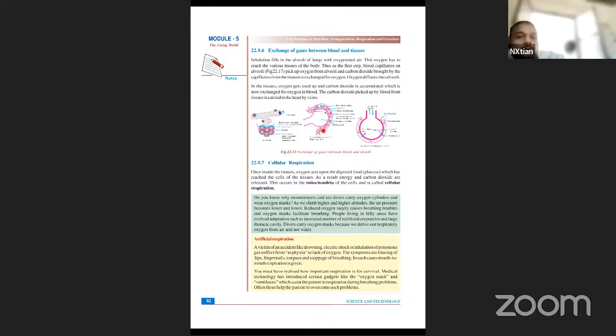Yeah, good observation. You saw very correctly. So it's pulmonary vein. Why pulmonary vein? It's carrying the deoxygenated blood from the heart to the lungs. So pulmonary, not vein, it's pulmonary artery. Sorry. Pulmonary artery, which is taking blood from the heart.